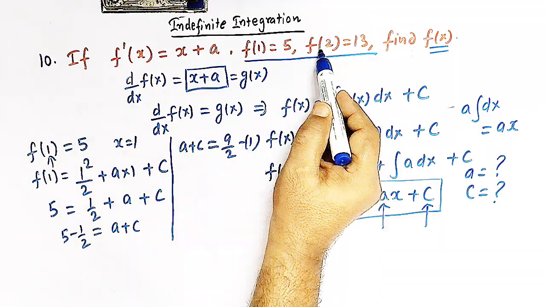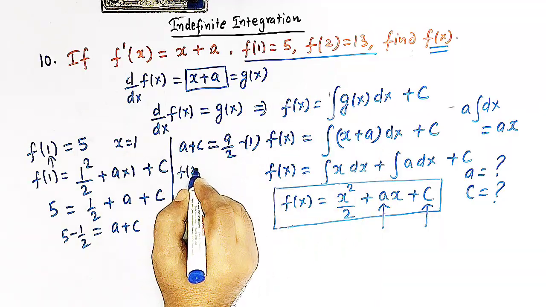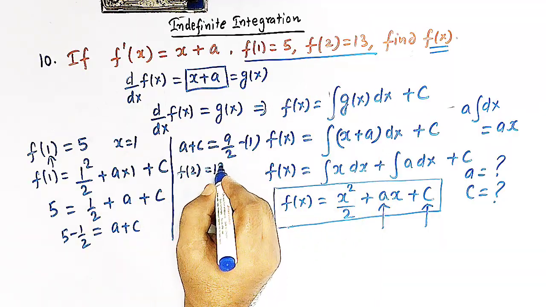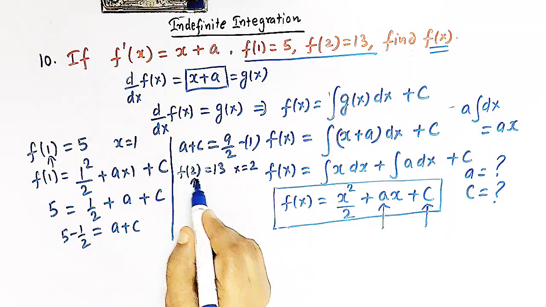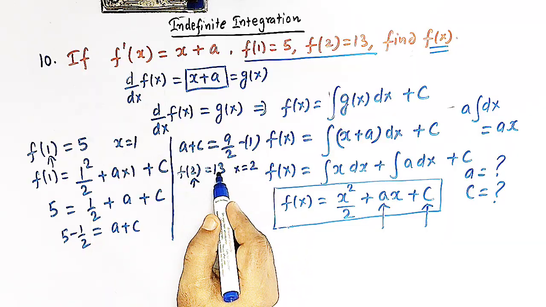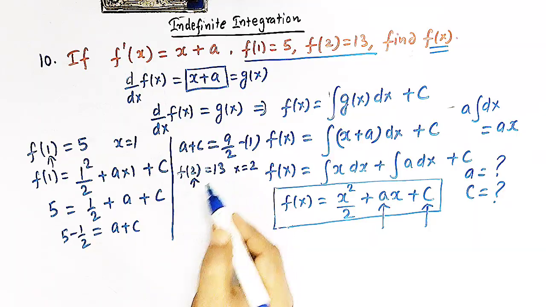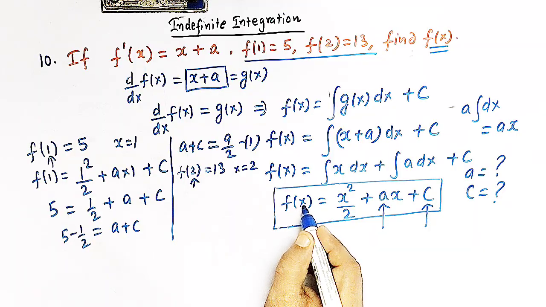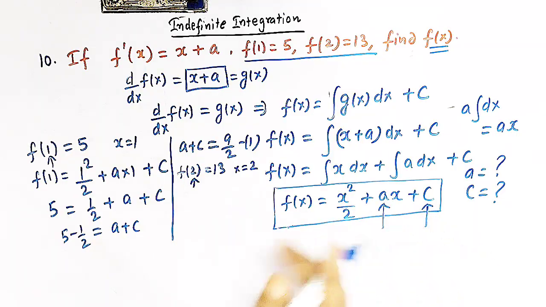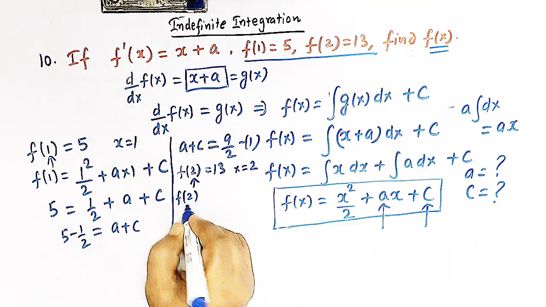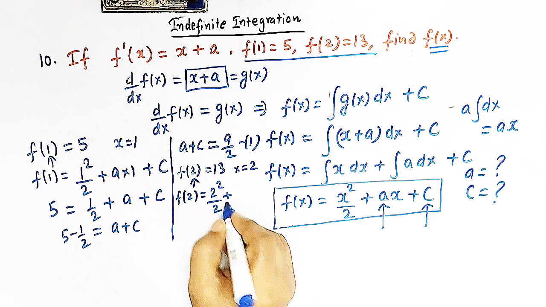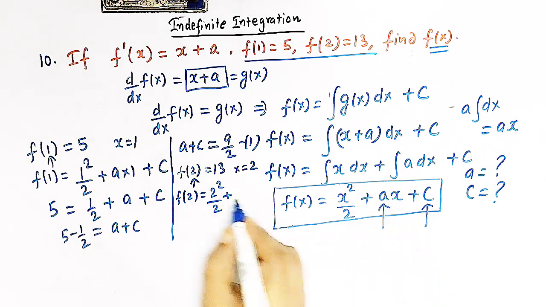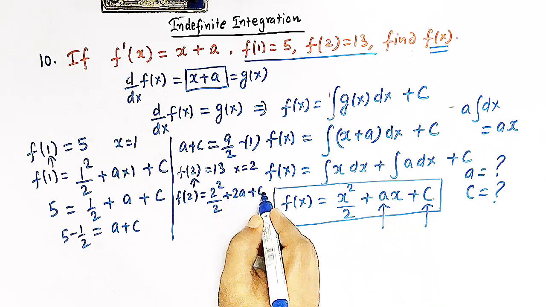So now using this condition, that is f of 2 is equal to 13. Here we have x is equal to 2 and f of 2 is equal to 13. So taking x is equal to 2 in this expression, we have f of 2 is equal to 2 square over 2 plus here we have 2a and here we have c.